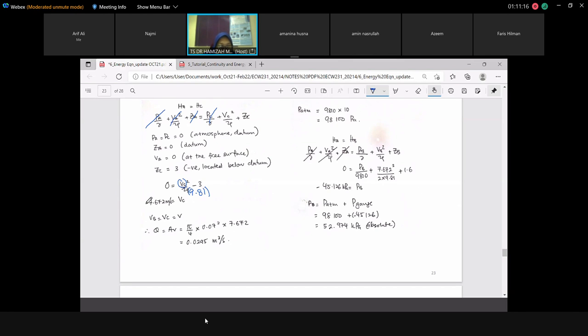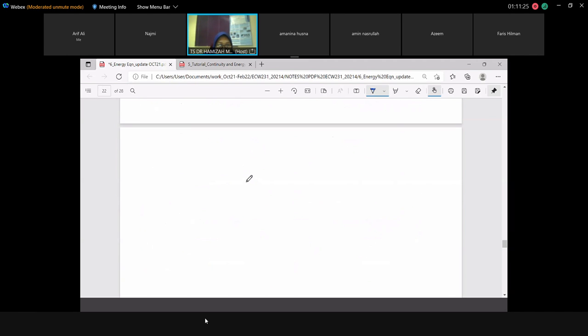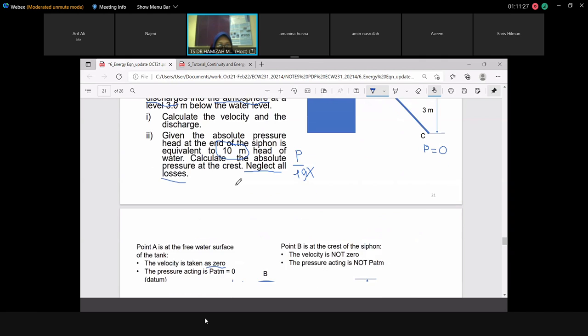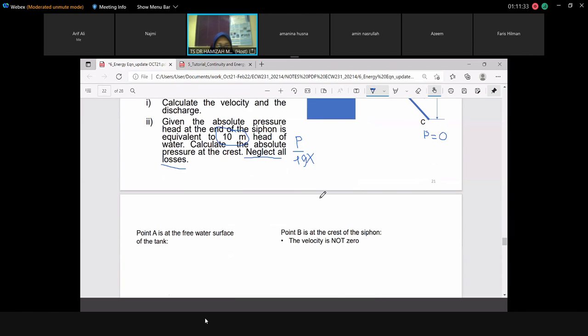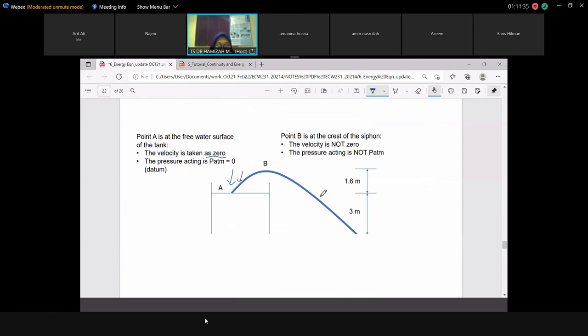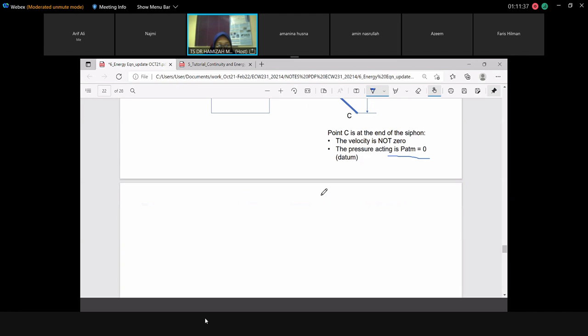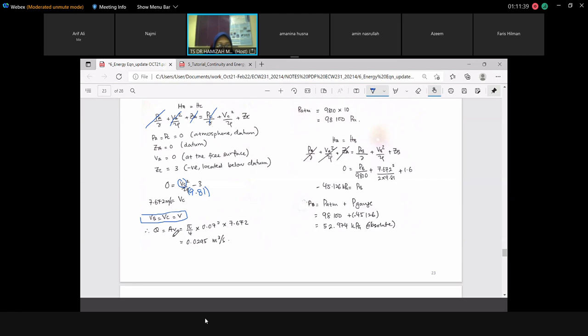Okay, so we can consider the velocity to be the same because it says the diameter throughout the pipe is the same. We have the uniform circular section. That's why VB equals VC equals V. So then we can calculate the discharge using the continuity equation, Q equals AV.